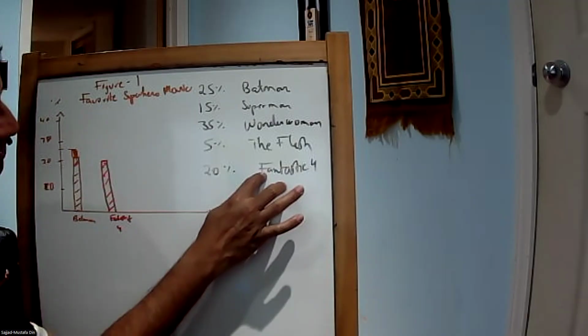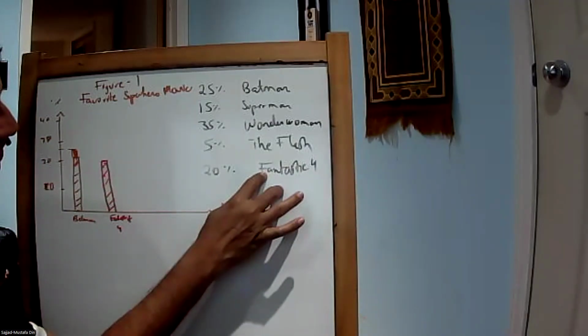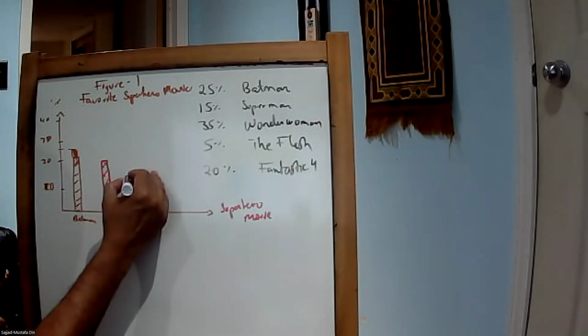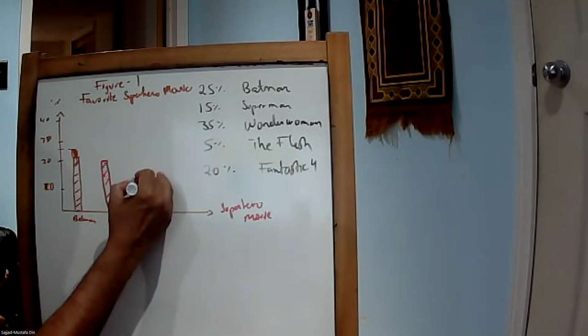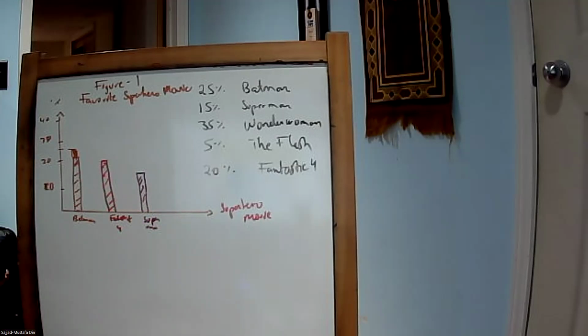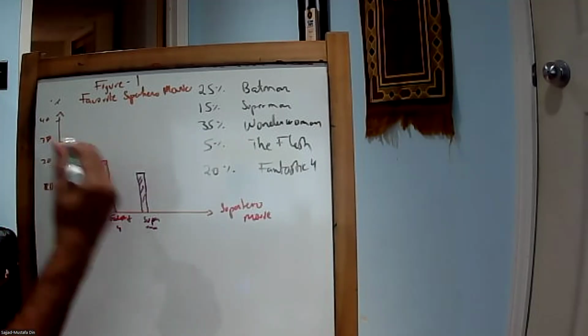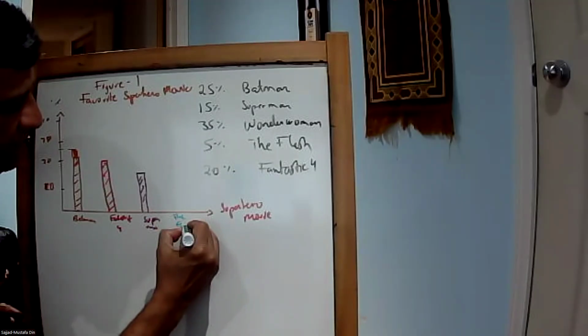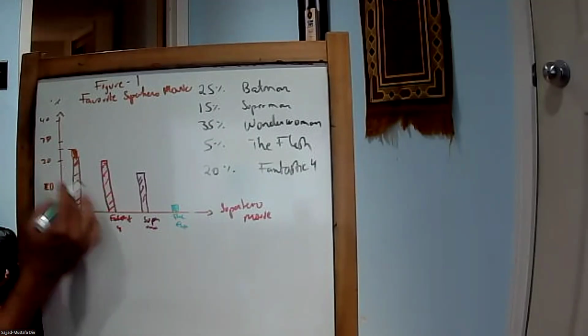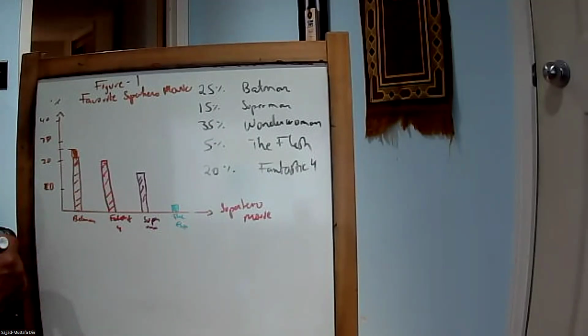E, F, G, H, I, J, K, L, M, N, O, P, Q, R, S. So it'll be S. And that is 15% for Superman. Or S, T, that will be the Flash. The Flash has only 5% fans amongst you. So you can see, interestingly, it's actually going down.